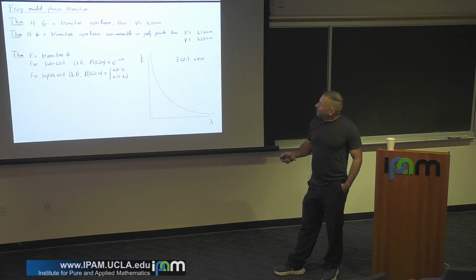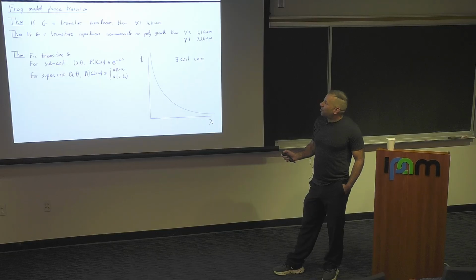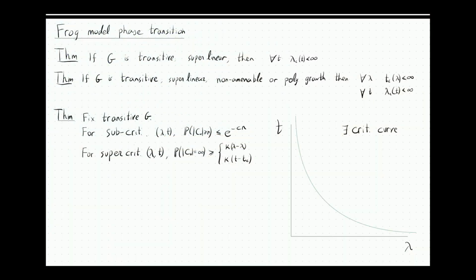So on any transitive graph of superlinear growth, there is a phase transition in lambda. As long as the lifetime T of each frog is positive, and you have sufficiently many frogs initially at any site on average, then with positive probability the process survives.